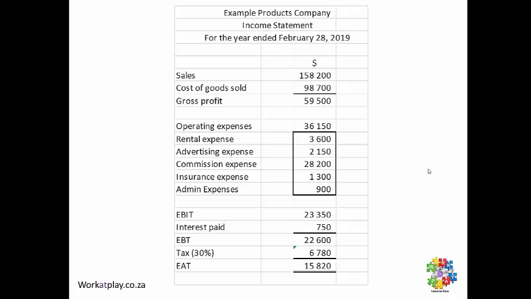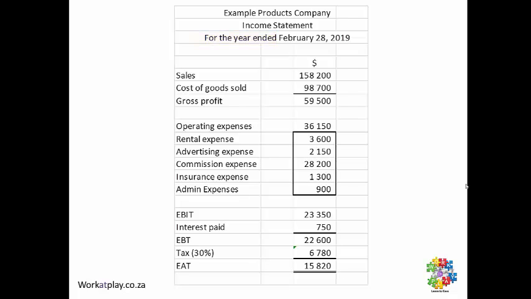If I look at a sample income statement, I've got here the income statement for the year ended. It's very important to see the way it's worded: for the year ended. It's for the entire year that we're looking at.